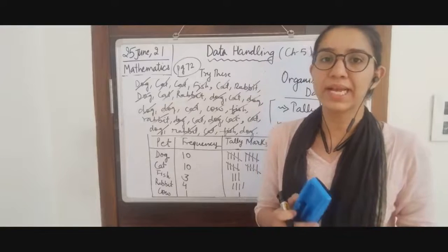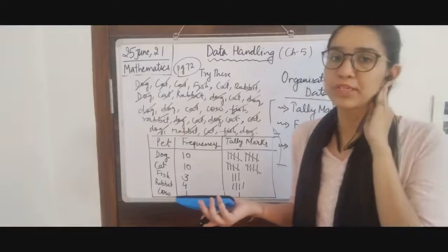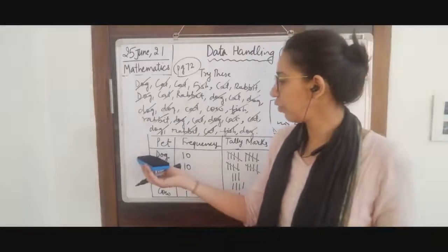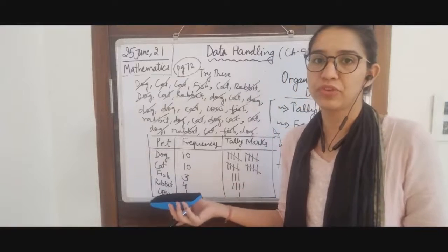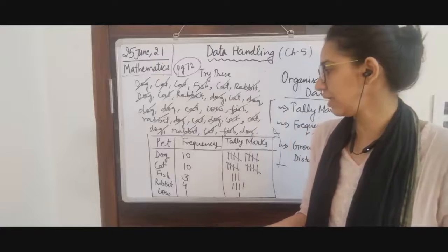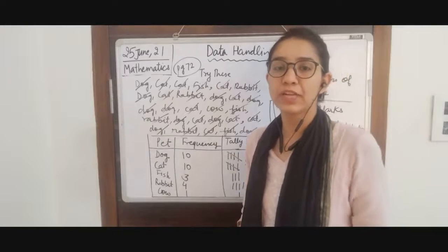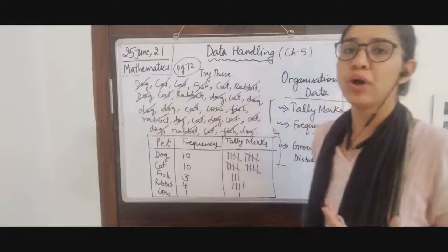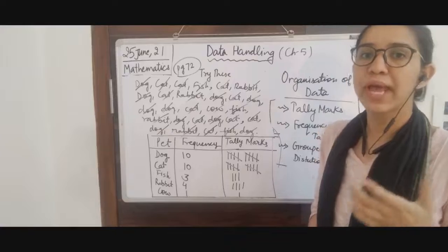So organizing that data using tally marks or frequency is going to be very cumbersome. Why? Because some people are going to have 40 kgs, 50, 55, 60, 67, 68, 70. So the table is going to be very long, and that will be very difficult to organize and very difficult to represent using bar graph or any other method.